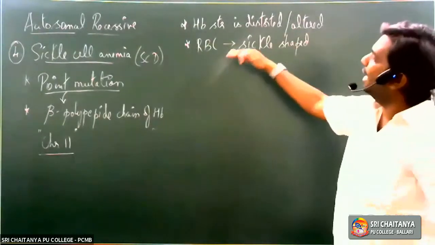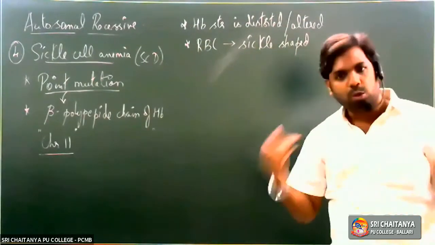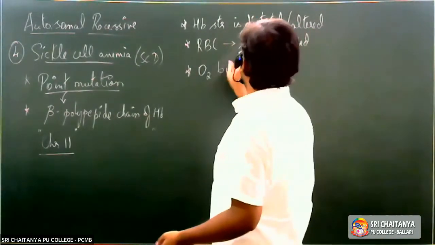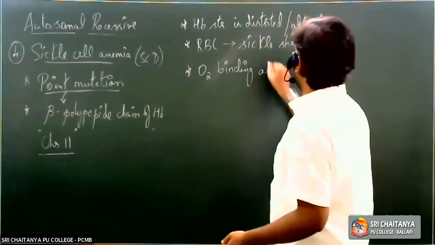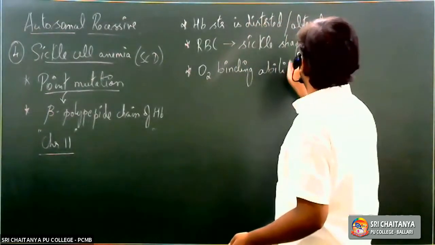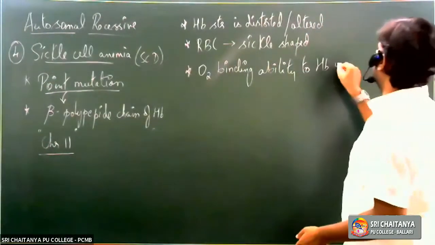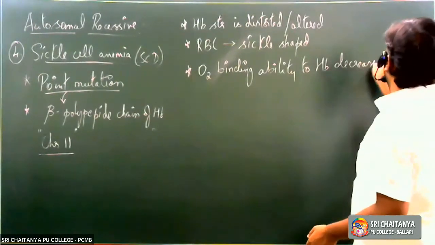So once the RBC's shape becomes a sickle shape, what would be the outcome of it? The oxygen binding ability to hemoglobin will decrease, right?